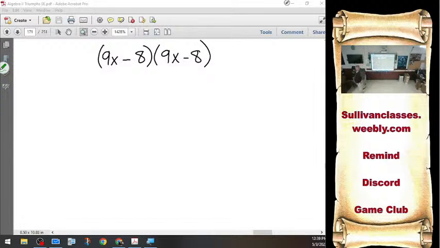Draw your little rainbow arrows if you need to. This is important because this is going to show you what today's all about. I'll tell you what, after that, I want you to do 9x minus 8 times 9x plus 8.